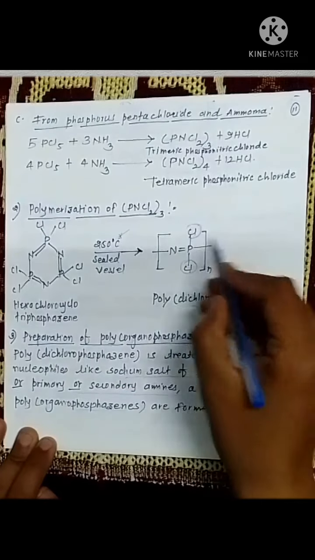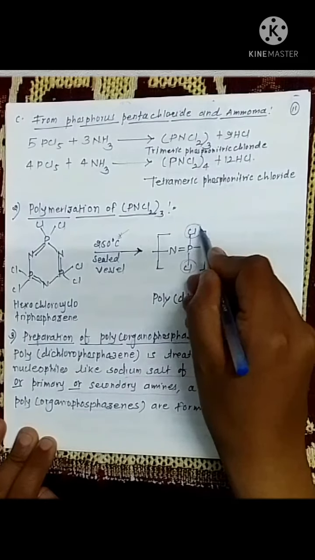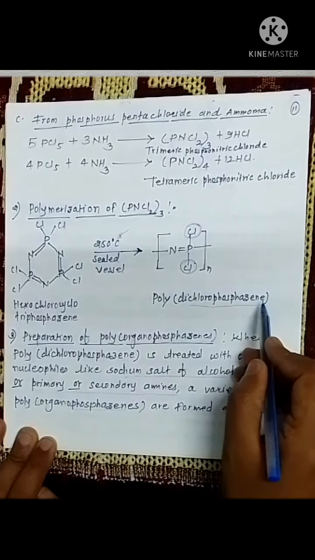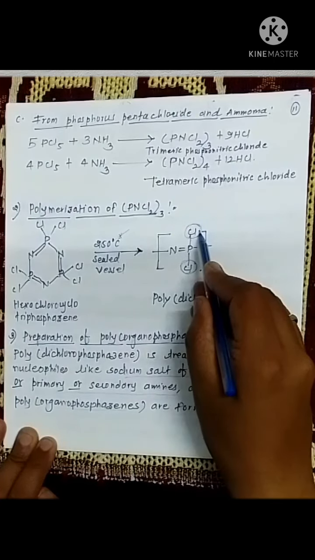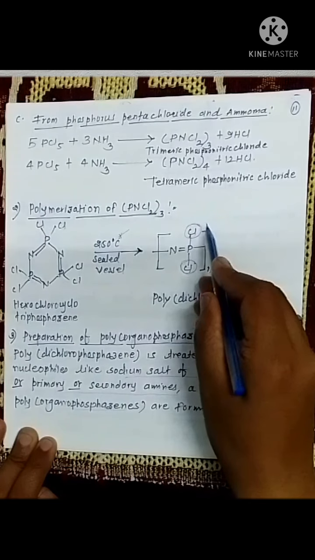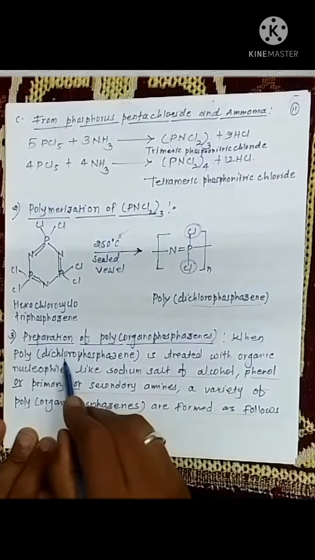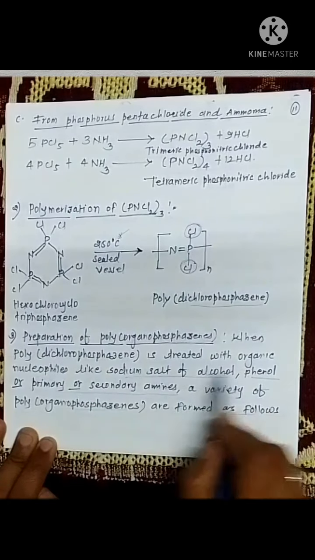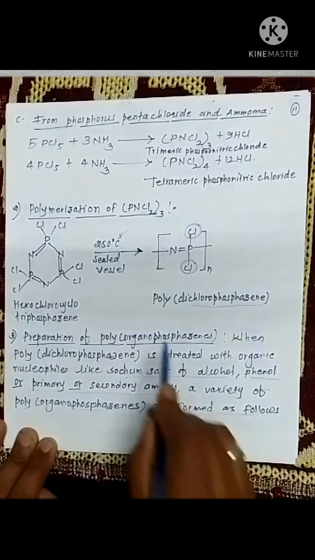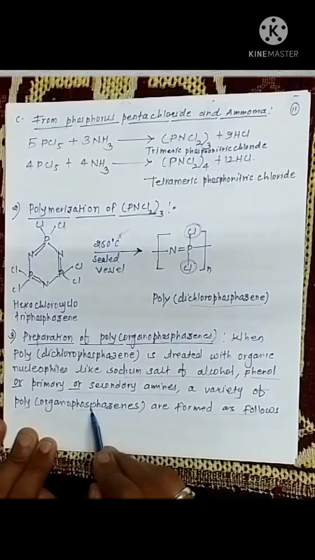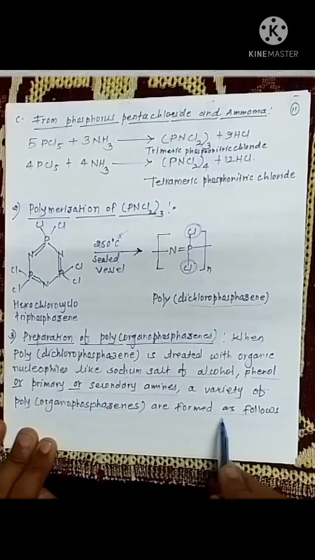Now the chloride groups present in the polydichlorophosphazine molecule can easily be replaced by other groups. So for the preparation of polyorganophosphazine, when polydichlorophosphazine is treated with organic nucleophiles like sodium salt of alcohol, phenol, or primary or secondary amines, a variety of polyorganophosphazines are formed as follows.